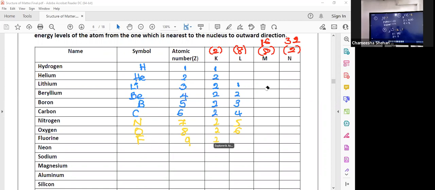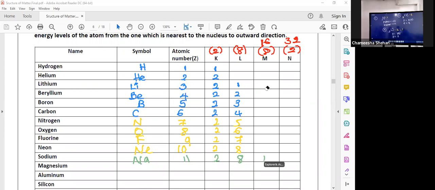So that's 2 7. Neon, capital N, simple e, atomic number 10. Electronic configuration will be 2 8. Okay, sodium, the 11th element. Atomic number 11, that means proton number 11, electron number will also be 11, that means 2 8 and 1.